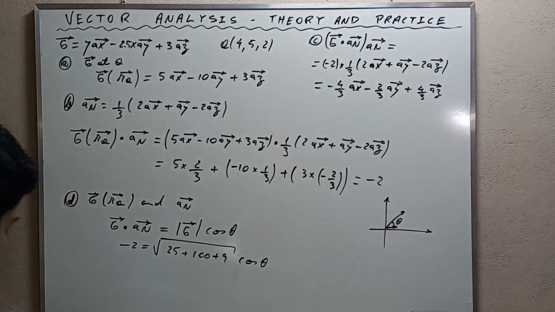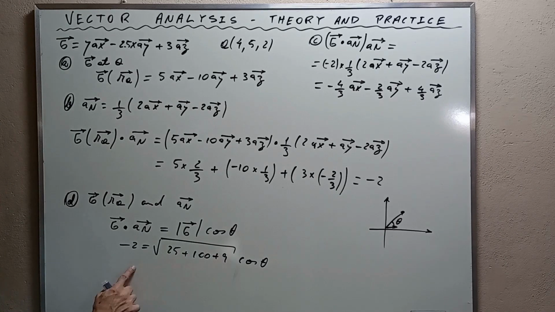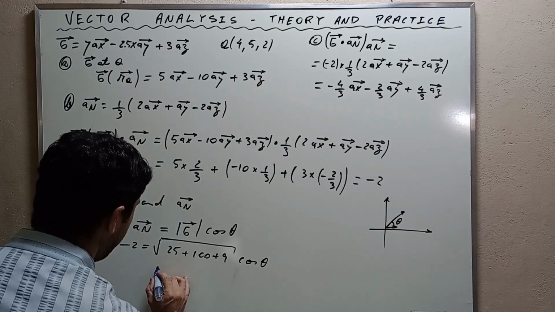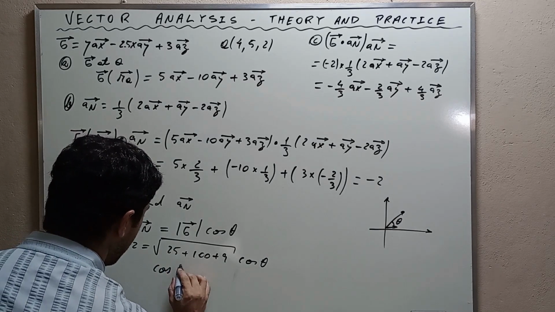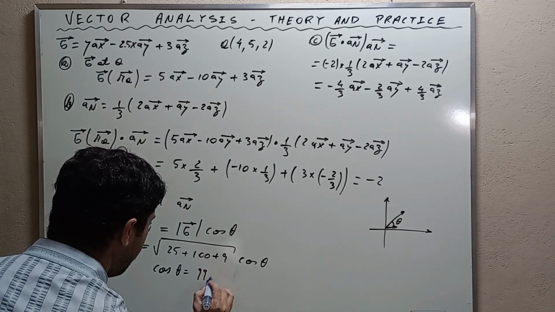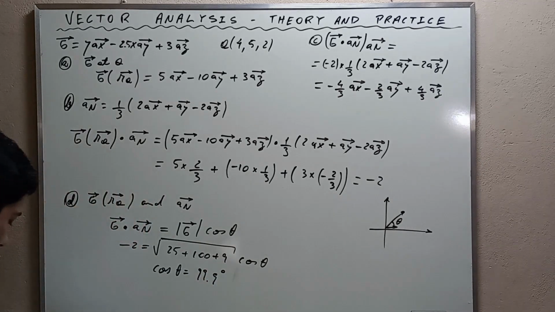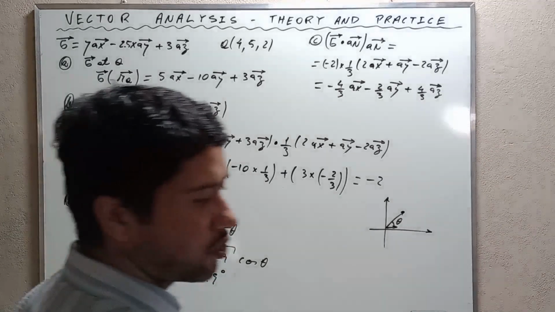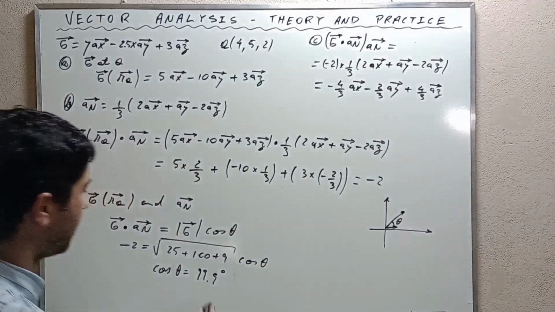And in this way we find the cosine of theta, we simply pass this dividing, and the cosine of theta is equal to 99.9 degrees. No, sorry, I made a mistake here.